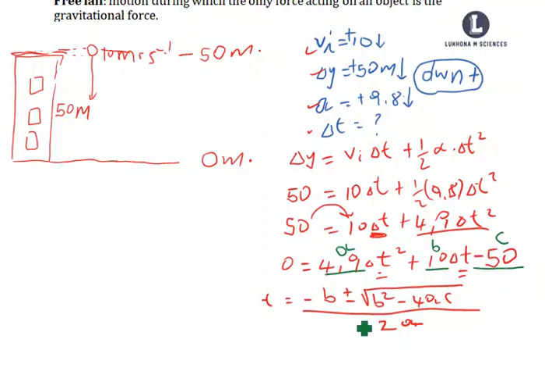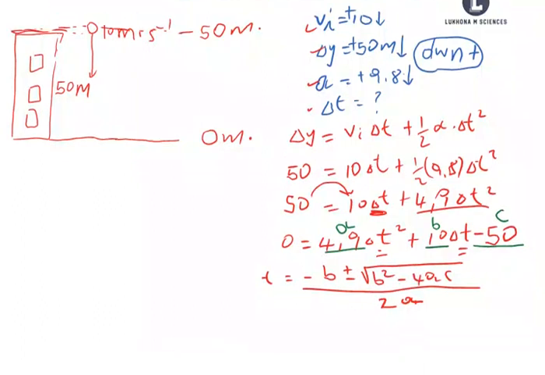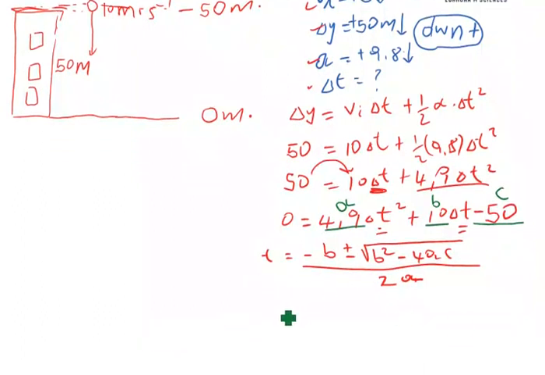Now we can substitute. In place of b, we substitute 10. Let's write one sign here, choose one sign.